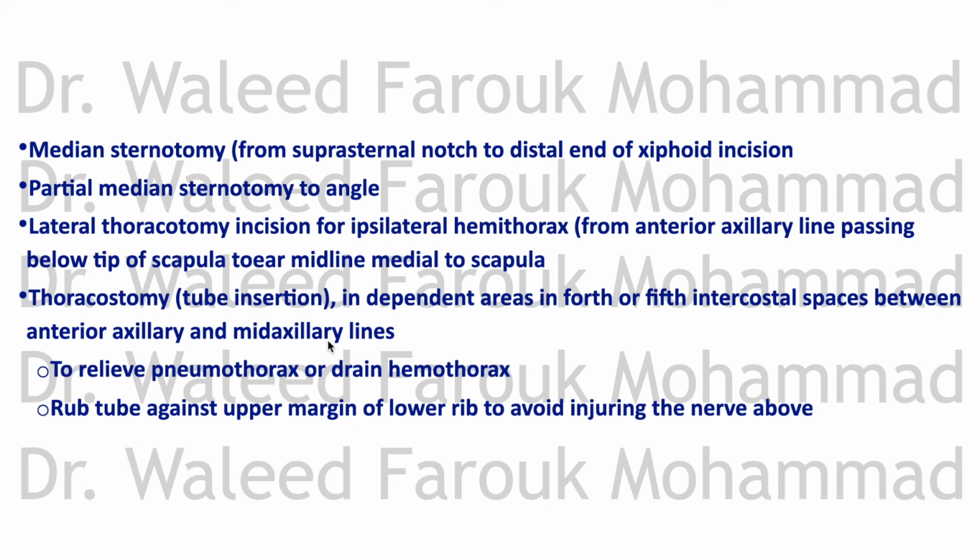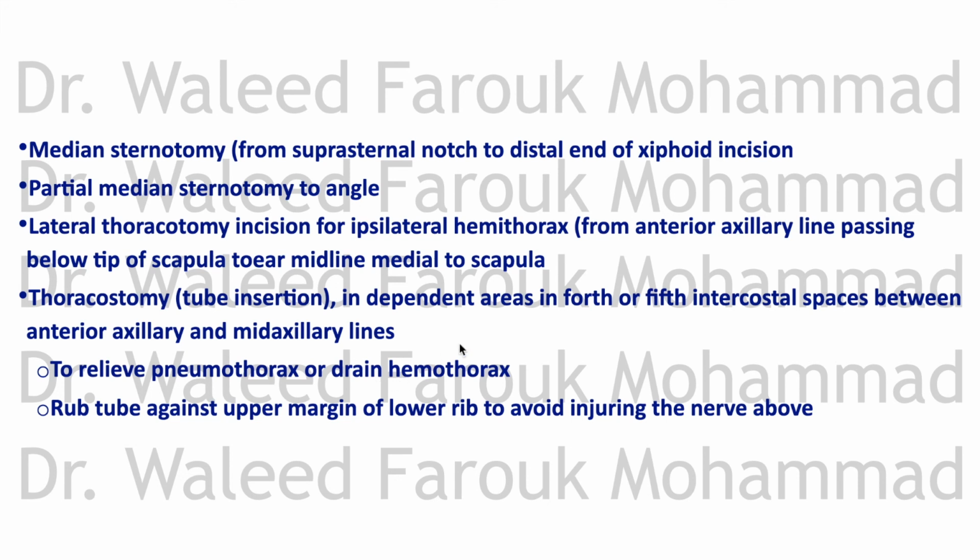And when you are introducing the tube itself, when you are piercing the thoracic wall, remember to rub against the rib below. You usually go in the dependent areas, in the fourth or fifth intercostal space, in the mid-axillary line, or an area between the anterior and mid-axillary lines, and you pierce the thoracic cage, but remember to rub against the rib below.